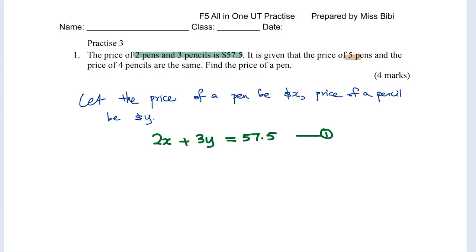What does that mean? 5 pens and 4 pencils are the same. So 5x is the same as 4y. But we always have the habit of putting unknowns on one side and numbers on the other side, so 5x minus 4y equals 0.